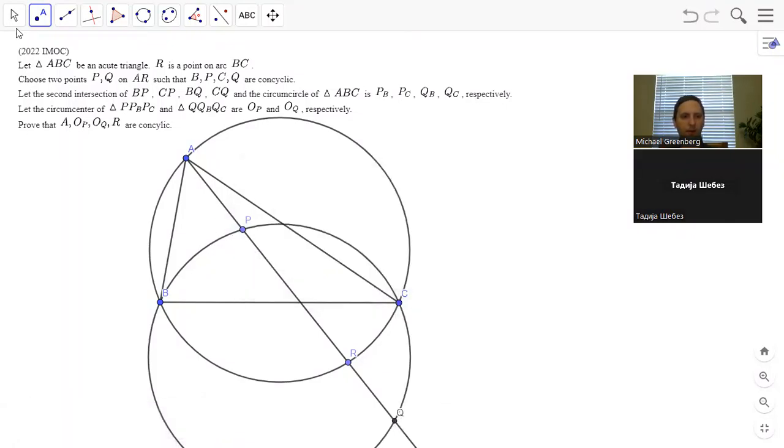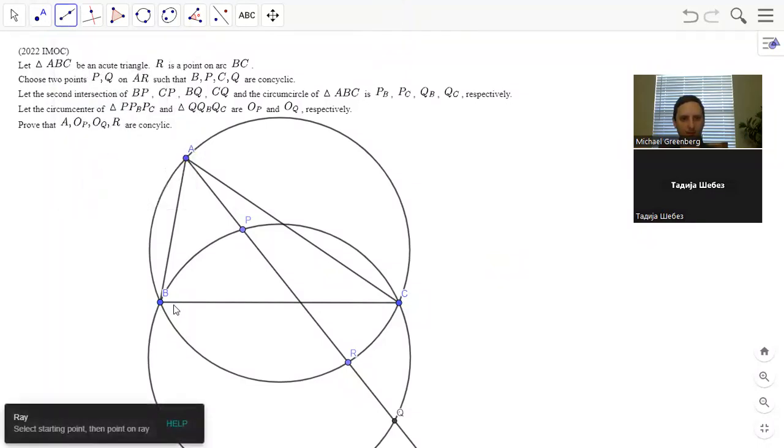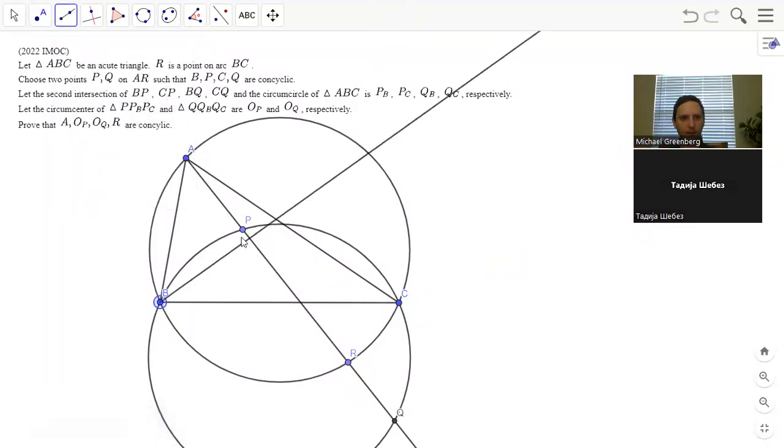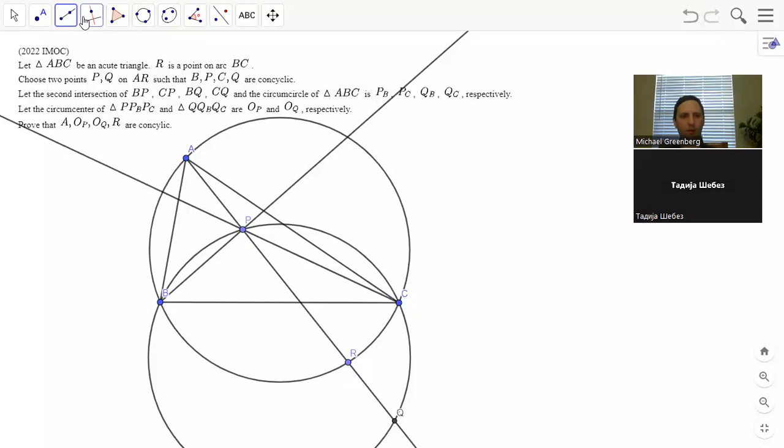And then BP and CP, we see where they meet the circle. BP, CP, interesting, BQ and CQ. Okay.